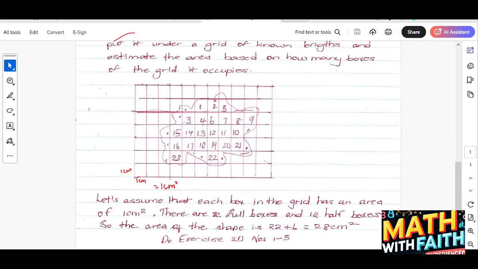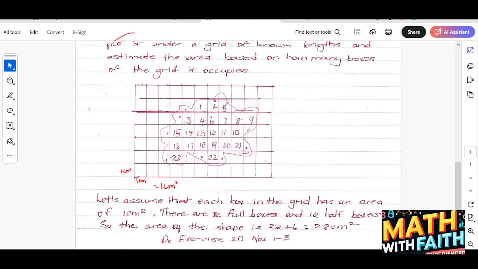There are 22 full boxes and 12 filled boxes, right? So let's count the filled. Now, if you notice, this one has just a little bit out, but it is quite insignificant. Call it 1. So this is 1, 2, 3, 4, 5.